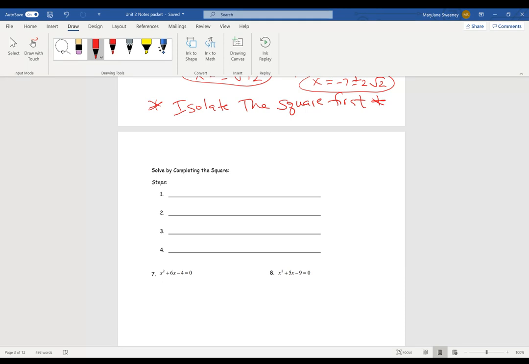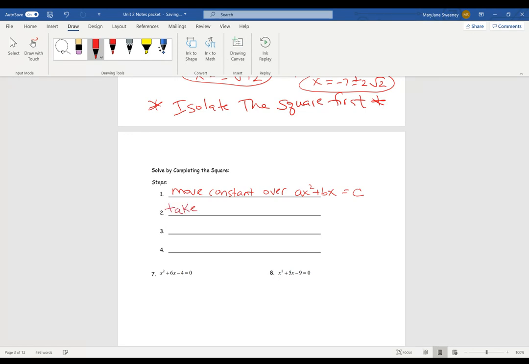Now, third type is completing the square method to solve. So there's some steps here. We move the constant over so that we have ax squared plus bx equals c. So we move the constant over on the right.